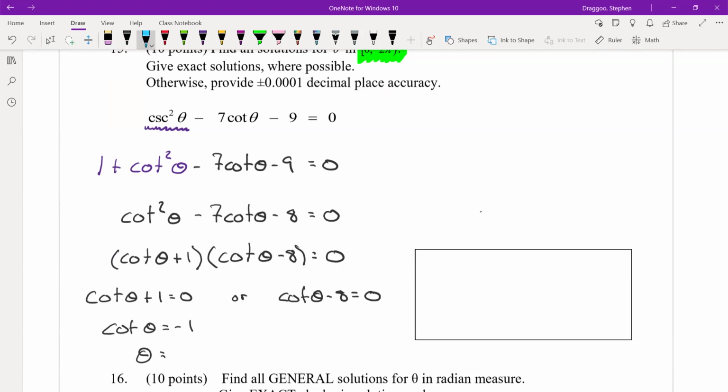I'll be looking for angles that are in the second and the fourth quadrant, since that's where cotangent is negative. And if cotangent theta is equal to -1, my two angles are 3 pi over 4 and 7 pi over 4. I'm just going to go ahead and add those to the box right now. 3 pi over 4 and 7 pi over 4.